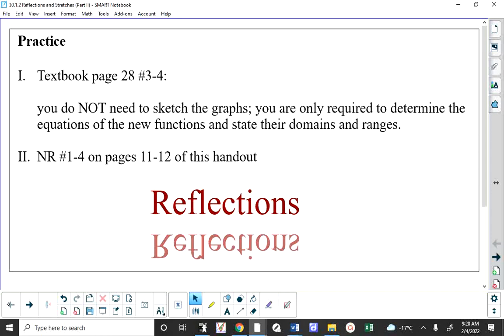But you can psych yourself out here. I've seen it many times. You can flip it again by mistake. Anyway, a vertical reflection is recognized as saying that y equals negative f of x. The reason why y equals negative f of x is a vertical reflection is because this is just a variation, a different way of writing negative y equals f of x.